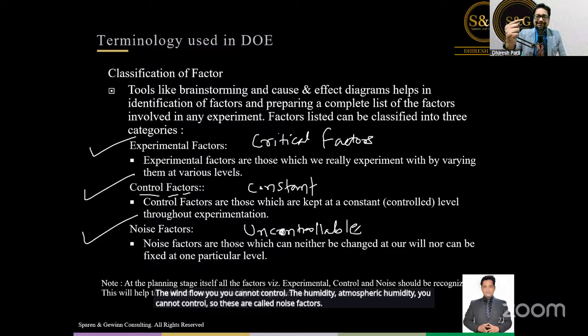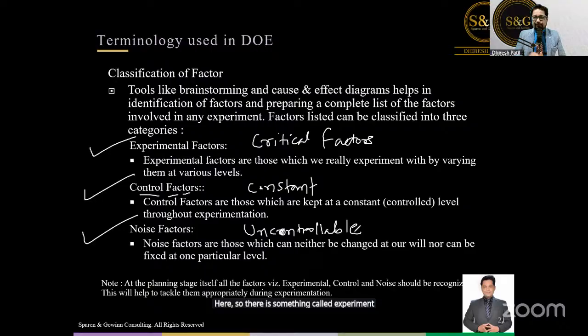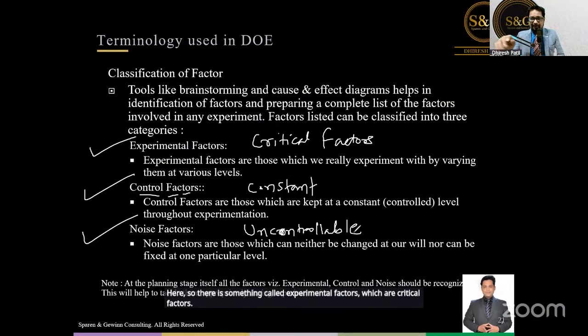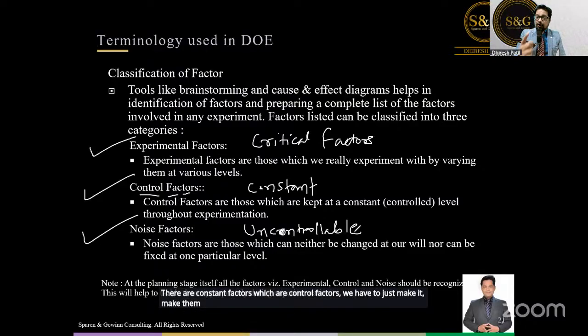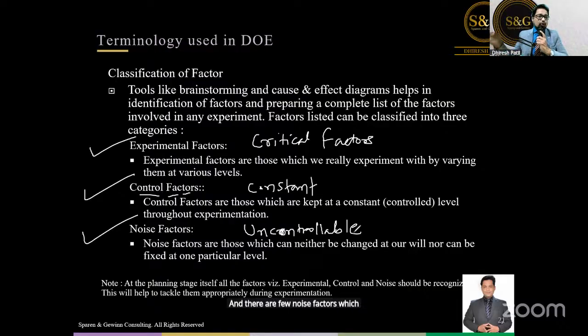Clear? So there are experimental factors, which are critical factors. There are constant factors, which are control factors; we just make them constant so that they do not impact the experiment. And there are a few noise factors over which we cannot have any control. For example, in our fishbone analysis, we have Mother Nature causes.